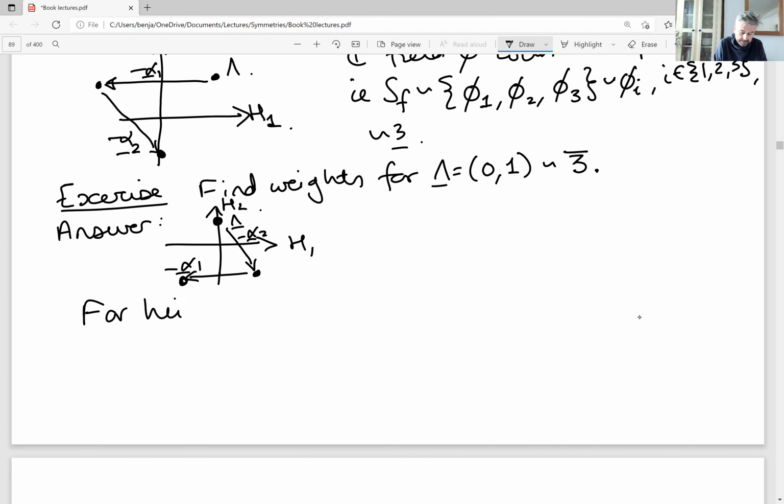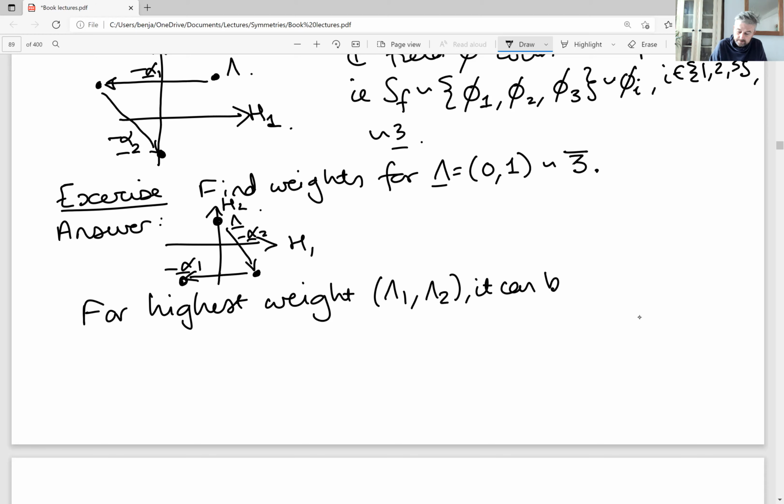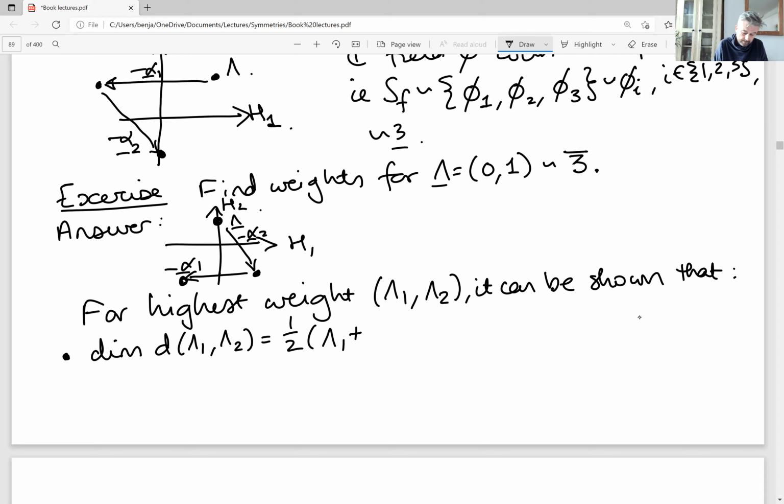For highest weight lambda 1 and lambda 2, it can be shown, with some pain which we're not feeling hard enough for today, that the dimension of the representation labeled by lambda 1, lambda 2 is a half lambda 1 plus 1, lambda 2 plus 1, lambda 1 plus lambda 2 plus 2.